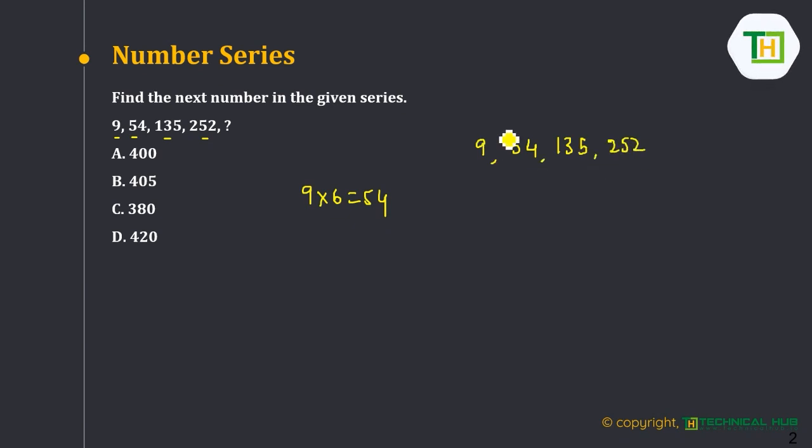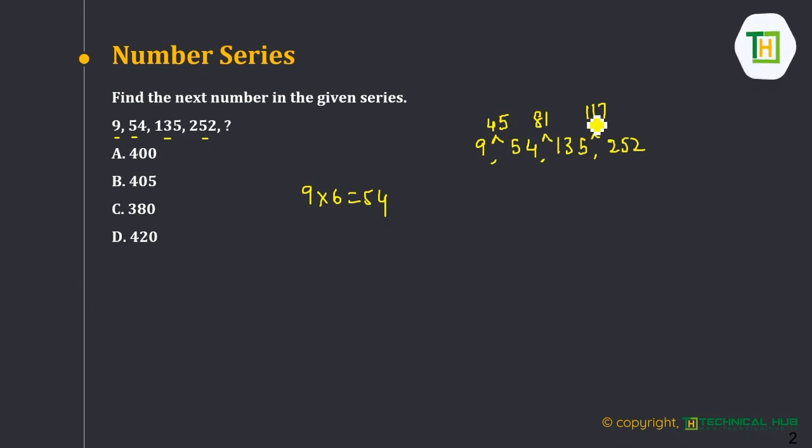What is the difference here? Between 9 and 54, it is 45. Between 54 and 135, the difference is 81. And between 135 and 252, the difference is 117. So 45, 81 and 117.